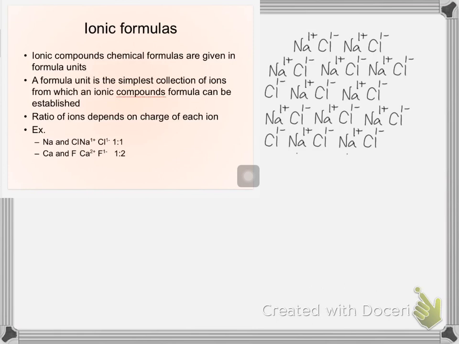So I can't say this is sodium 4,736,542? Who knows? How big a chunk are we talking about? So ionic formulas are different than molecular formulas in that regard. For sodium and chloride, Na1+, Cl1-, the formula is NaCl.